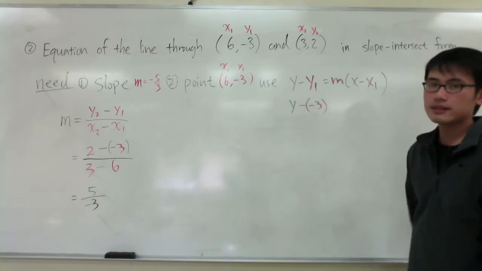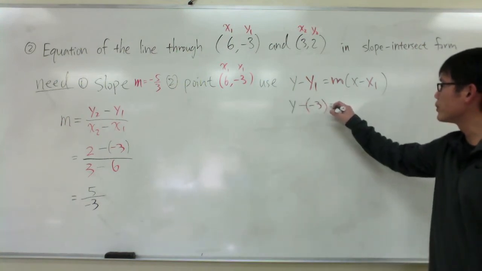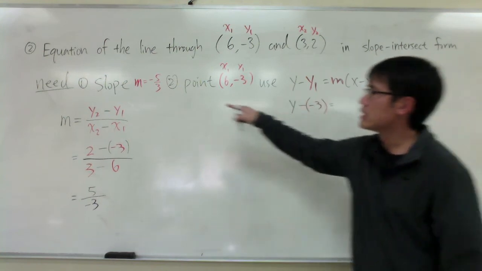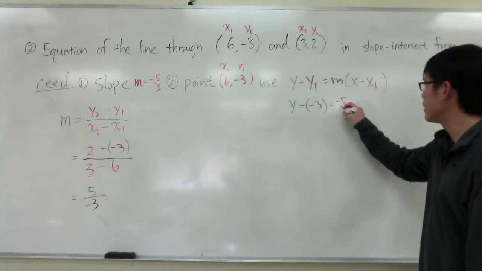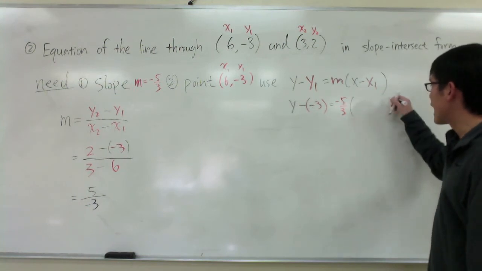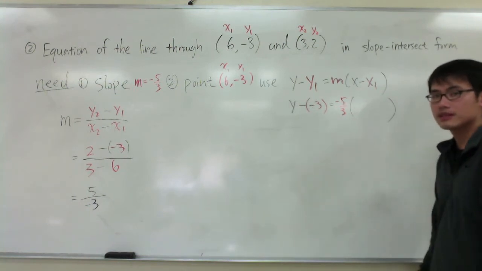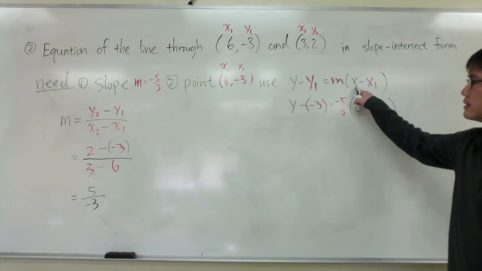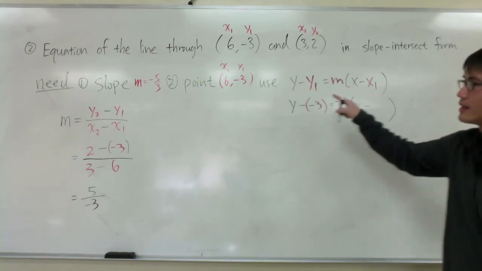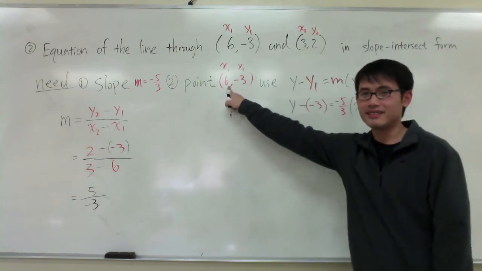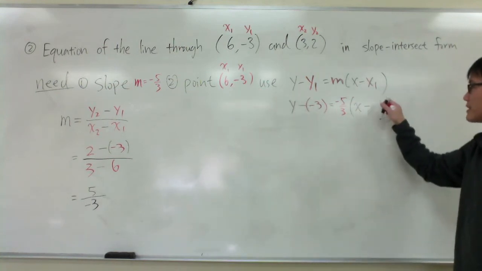Use the parentheses. That's equal to m, which is -5/3, times, open the parentheses, x minus, and for the x1, it's a 6 that you have to plug in. So x minus 6, like that.